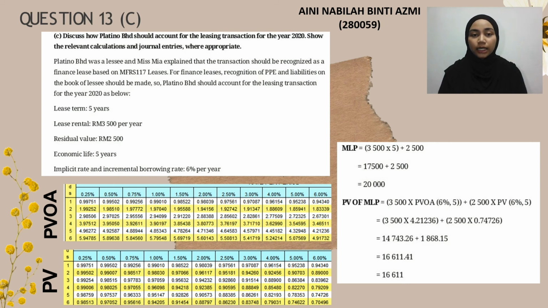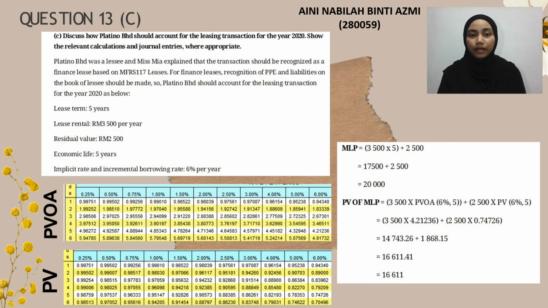So, PPE and liability should be recognized in the books of the lessee, and some information of the leasing was stated here. In order to answer this question, the first step was calculating the MLP, where I multiply the lease rental and the lease term, and add the residual value, and I got 20,000.